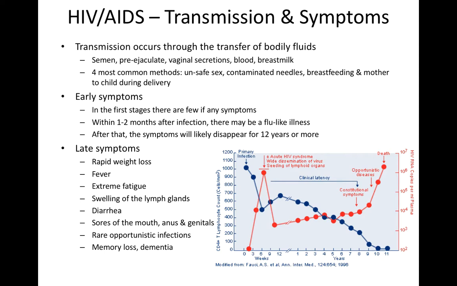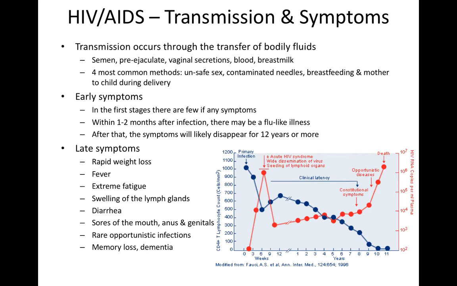They get tuberculosis. There's just a ton of what are called opportunistic infections and diseases that show up. And eventually, as the viral load increases and the T cells drop to essentially zero, we will progress to death. So unfortunately, that is the pathway that we know of.